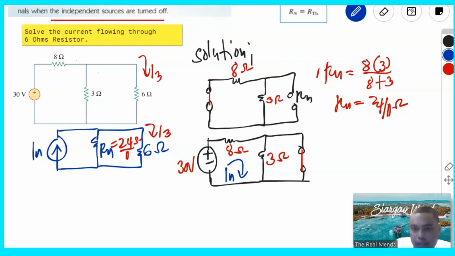That gives us, using Ohm's law, 30 volts over 8 ohms, and that is 15 over 4 amperes.